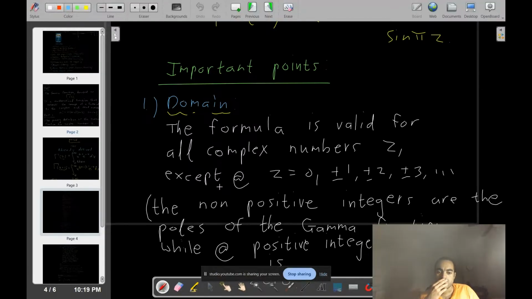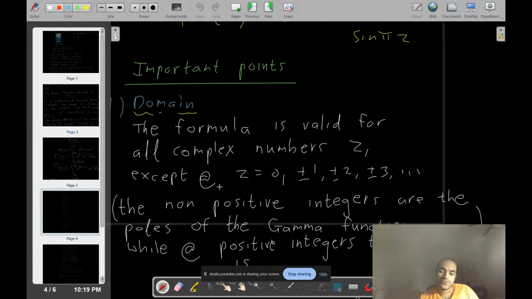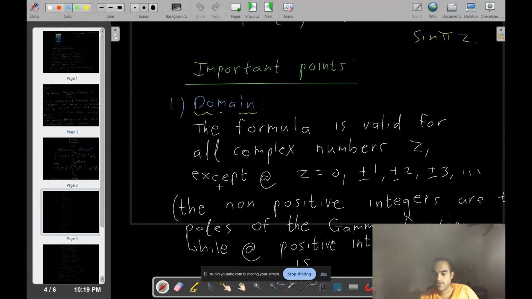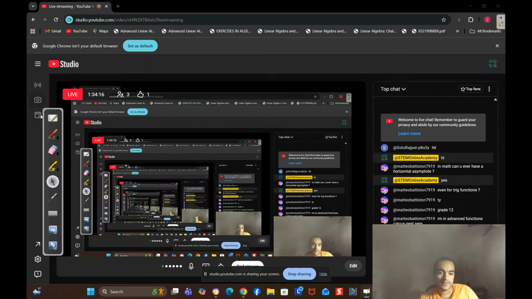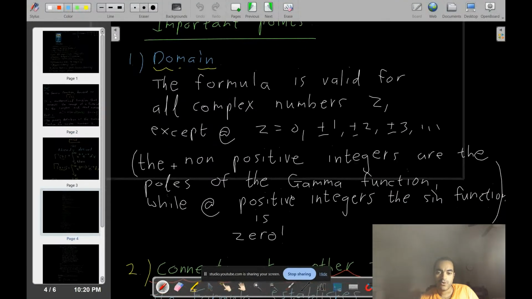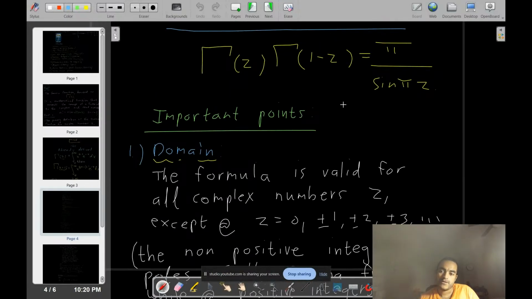In other words, the non-positive integers are the poles of the gamma function. Let me repeat: the non-positive integers are the poles of the gamma function. While at integers, the sine function is 0. Think about it.